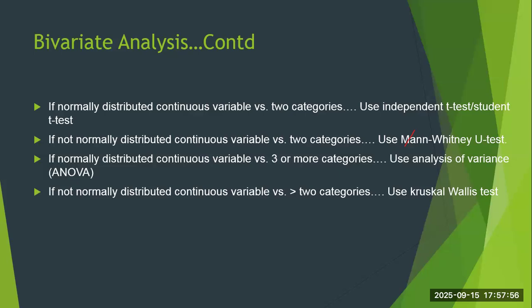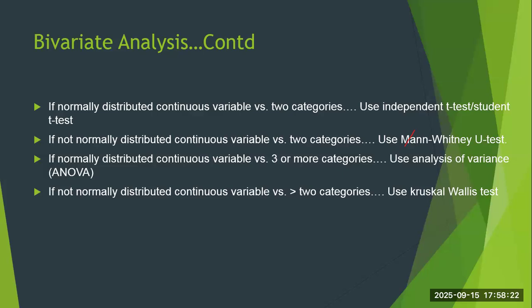I've done two now. So I'll now go to where we have a continuous variable that is normally distributed and more than two categories. That's three or more categories. For instance, I want to compare the weight, in kg, across different socioeconomic and different educational status. I have no formal, primary, secondary, and tertiary, four groups.